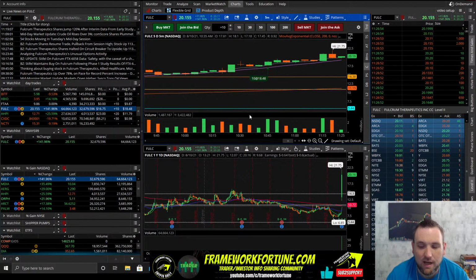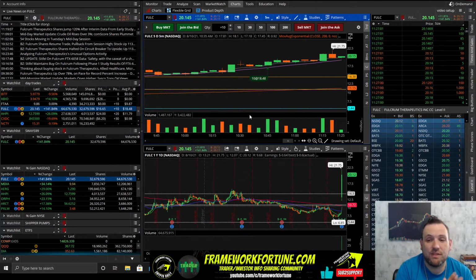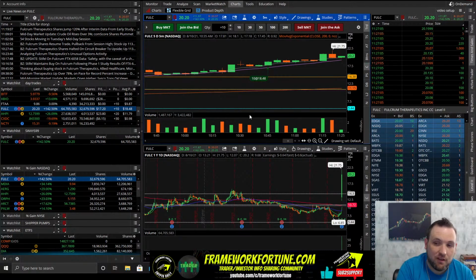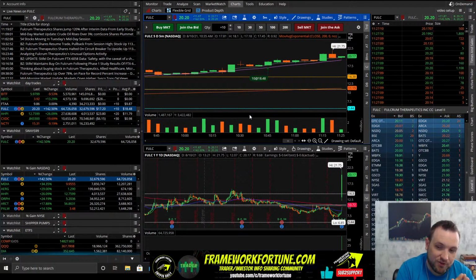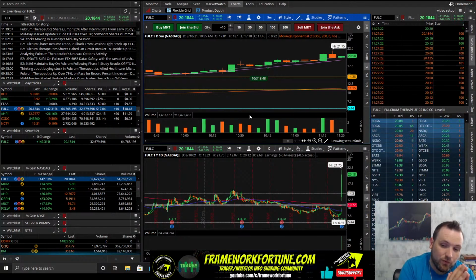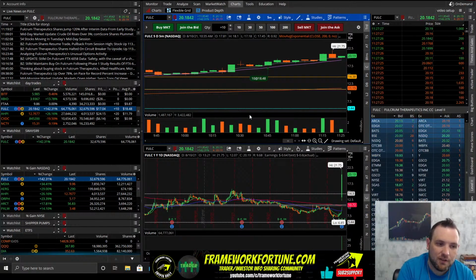But always keep in mind, just because you look at support or resistance areas, buyers will become sellers and sellers can become buyers, and also shorters can be buyers or sellers. If a shorter is going to short, they're going to be a seller, and then when they have to cover the short, when they have to close out their position, they're going to be a buyer.